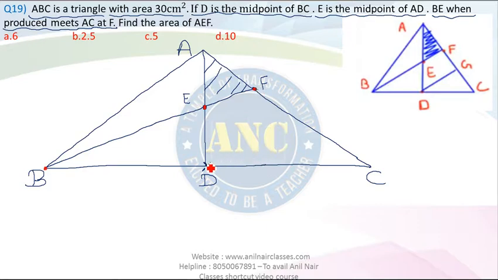For that line BF, I will construct a line which is exactly parallel to BF, and I will call it DG. That means DG is parallel to BF, right?